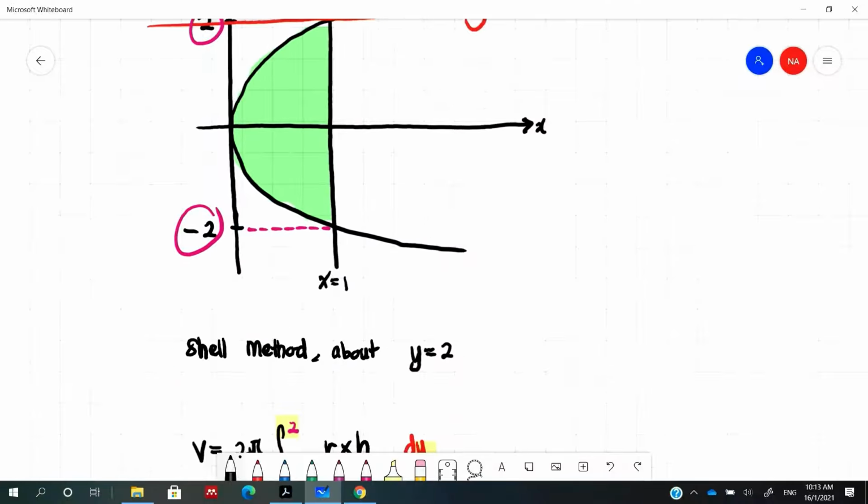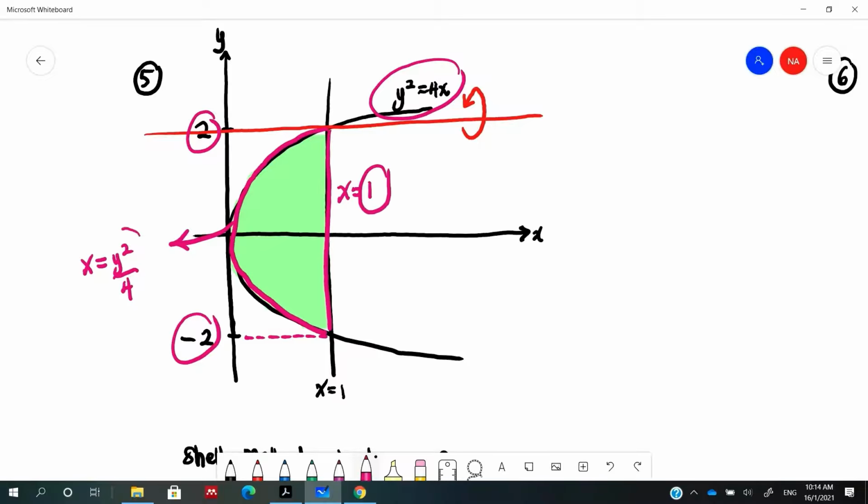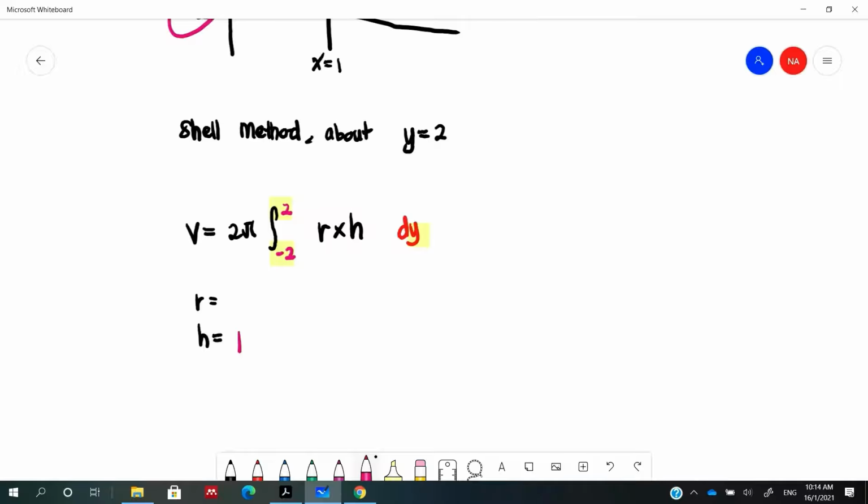The height in this case, because it is in terms of y, should be right minus left. So the right function is x equal to 1, and the left function is given by this, which you have to modify: x equal to y squared over 4. So the right function minus the left function: 1 minus y squared over 4.